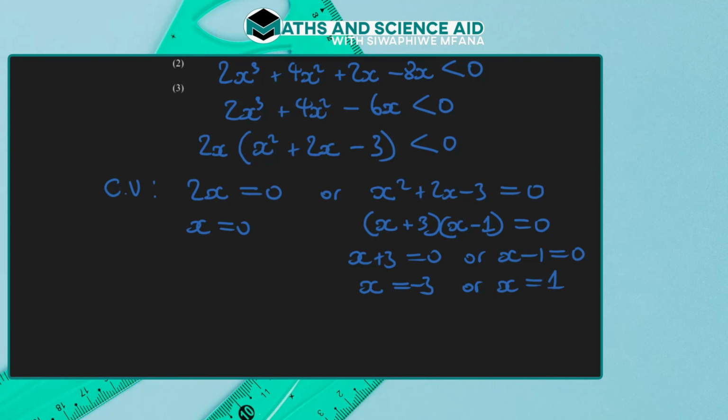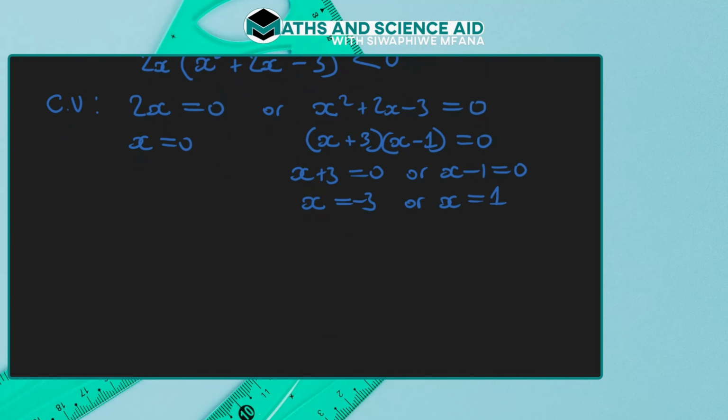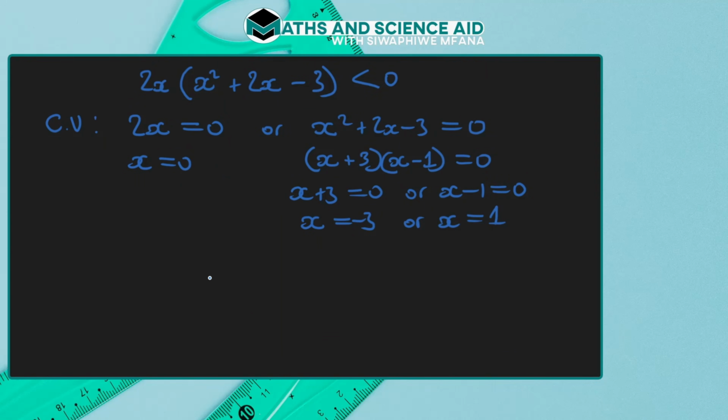And thereafter, we can just use the number line method. So we make a number line and we indicate our critical points. We've got negative 3, which is the smallest number, and then we've got 0, and lastly we have got positive 1.